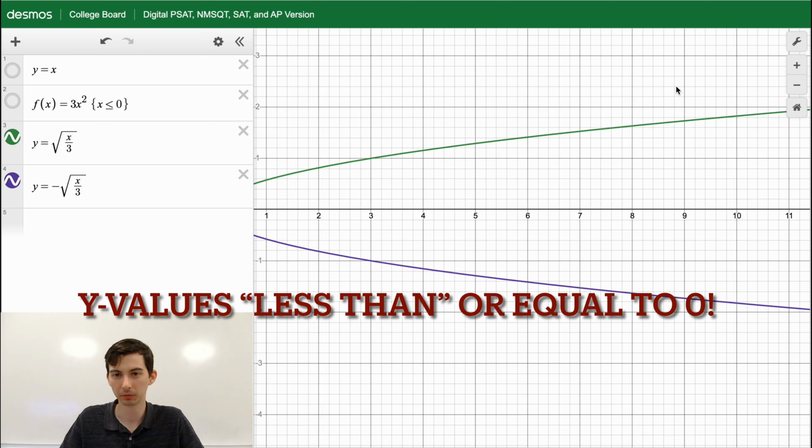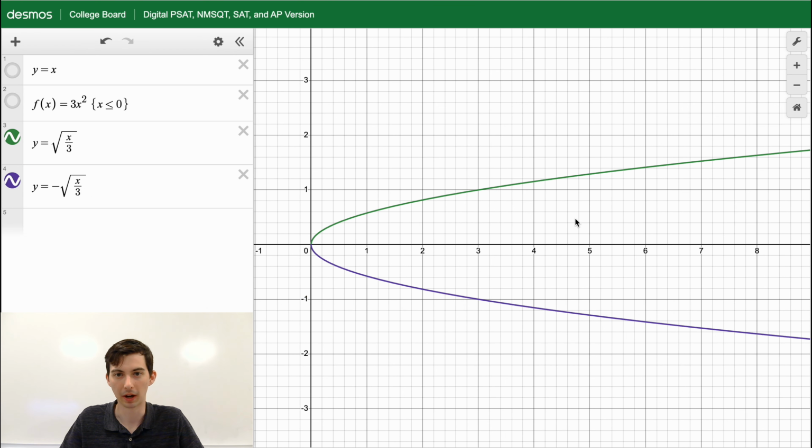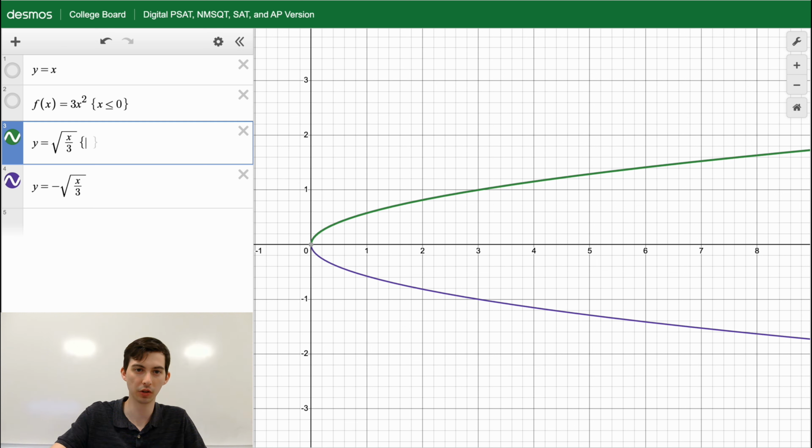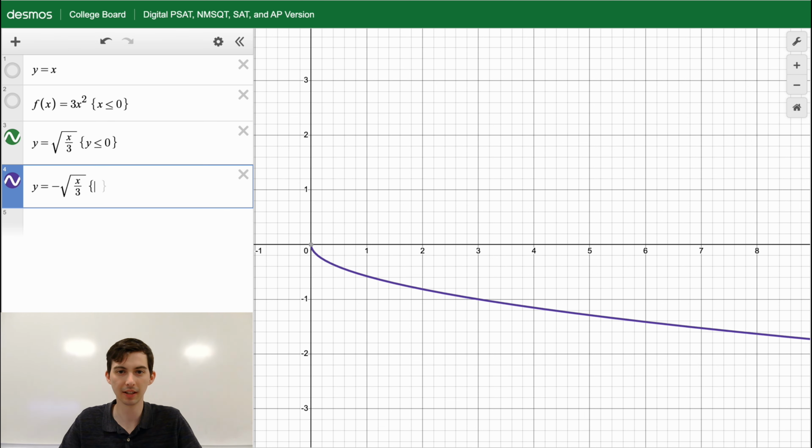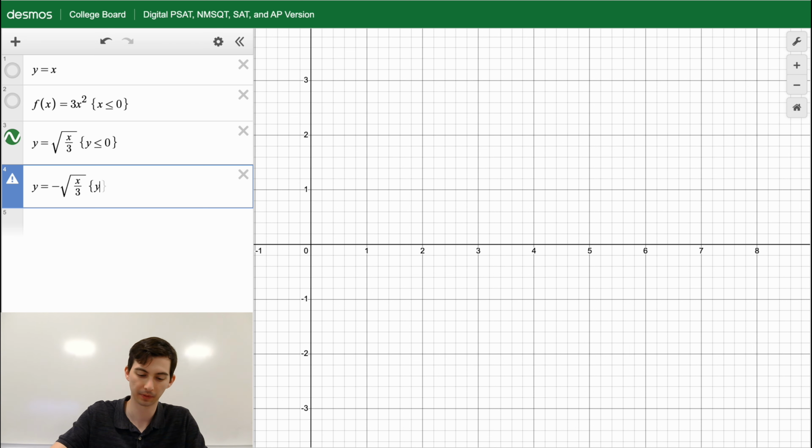And I can do that by just looking at the graphs and seeing which one has all the y values less than 0 here. Or if you want to double check, what you could do is apply the same restriction. So I can say my y is less than or equal to 0. When I do that, I see that the green graph disappears.